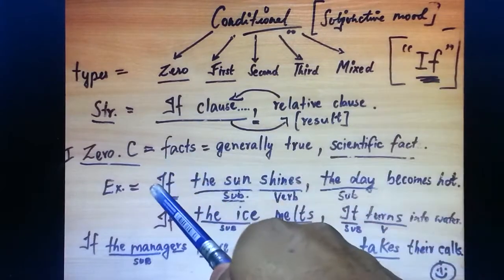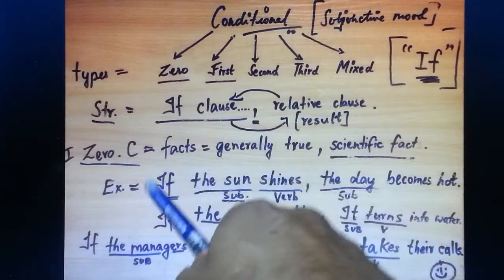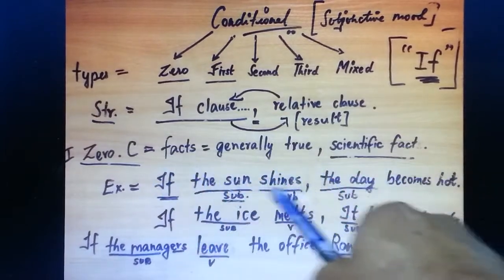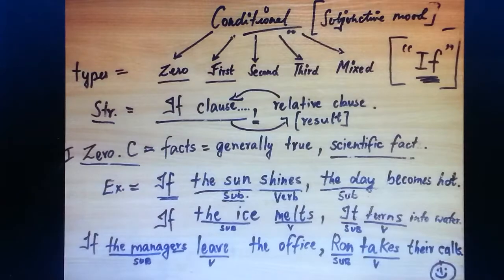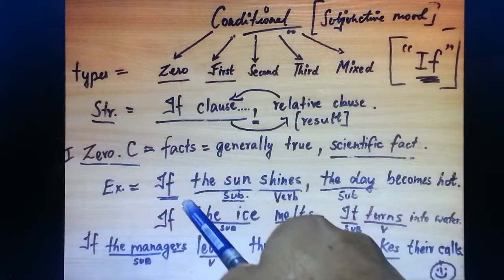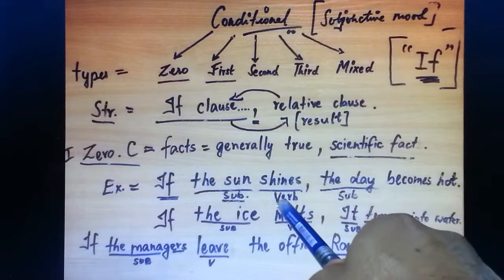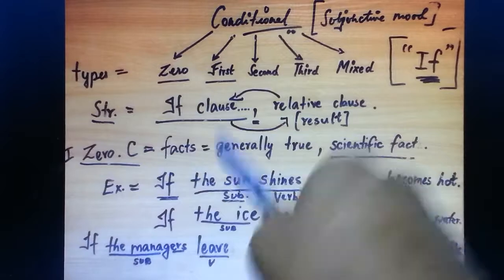So we have if, and look at this sentence here. In the if clause, if plus this sentence. This sentence is totally in present simple tense. Look at the subject. The subject is singular, and the verb has an S ending. Why? Because the subject is singular.